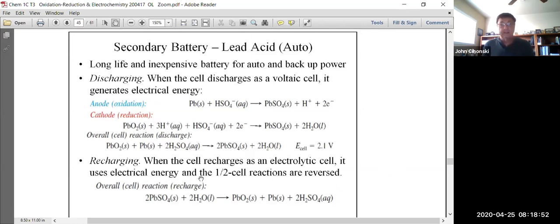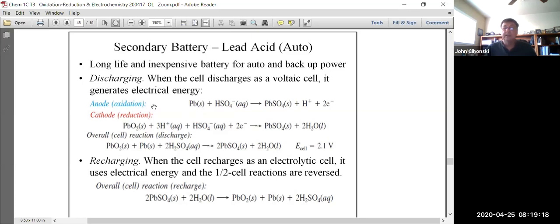Now, let's talk about secondary batteries. And we're going to talk about two. The lead acid battery, the auto battery, basically what starts our car, and then we'll touch on the lithium ion battery. Now, let's go over the chemistry first. It's basically a lead battery, okay, lead based.